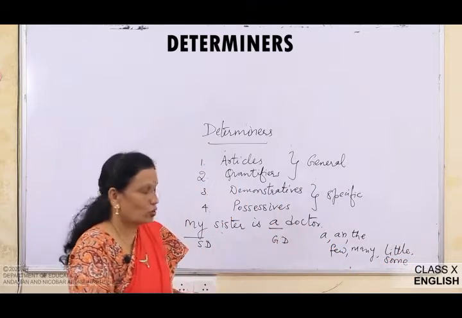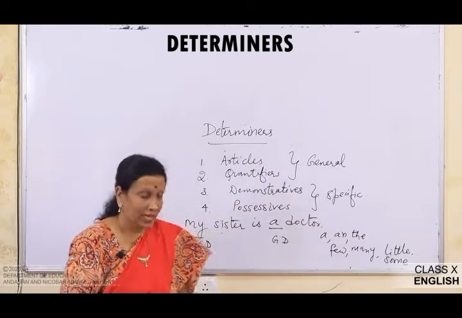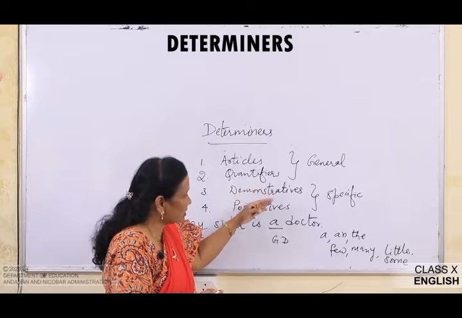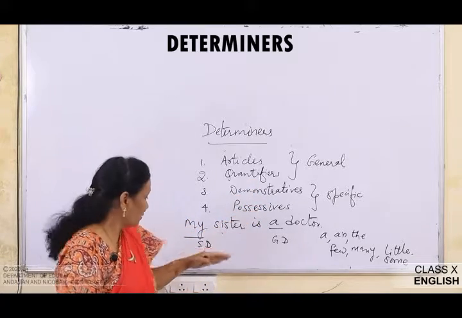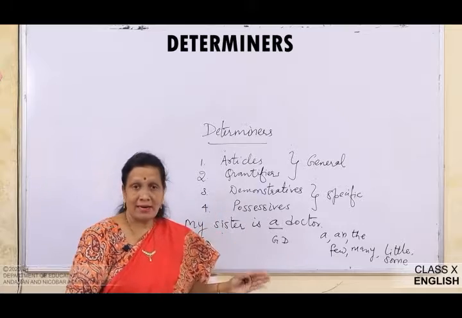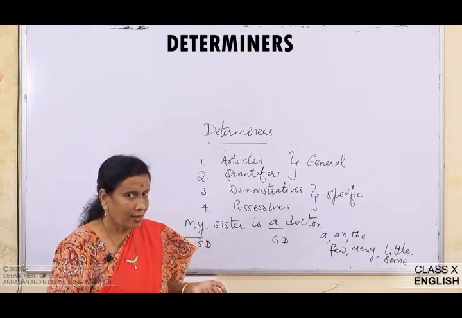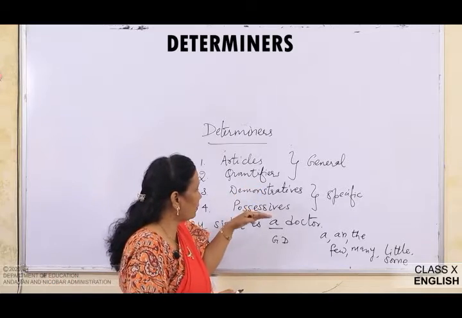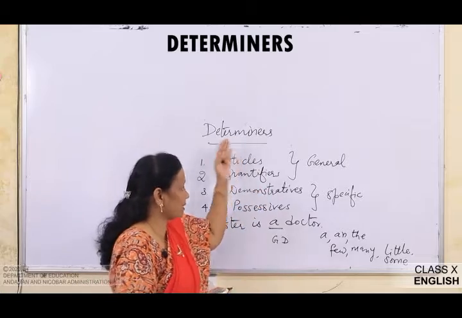All these are quantifiers and they talk about general nouns. And possessives, as I told you, my, their, its, hers, his, our, all of them are possessives and they are specific determiners.